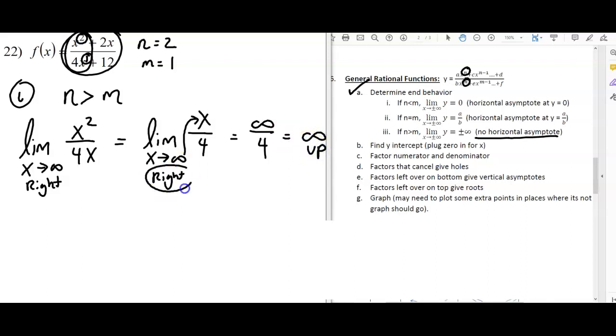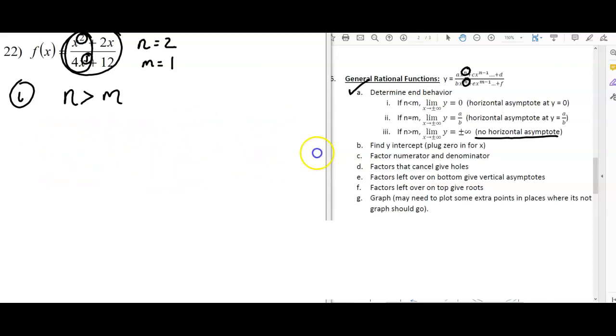So on the right side of my graph, I am going up. So the right side of my graph will look like we're going in an upward direction. Okay? Let me erase this and make some space. The right side of my graph will go upward.